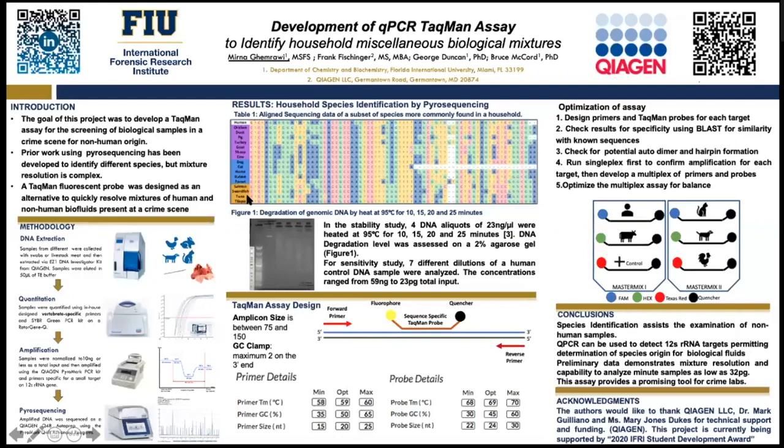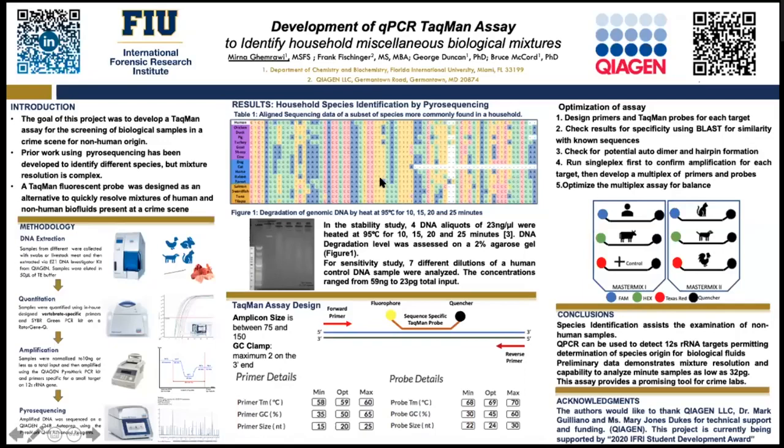Since this is a forensic application, we also needed to follow the SWGDAM guidelines to see how sensitive this assay is. For example, how degraded a sample can be and still give you a positive result.